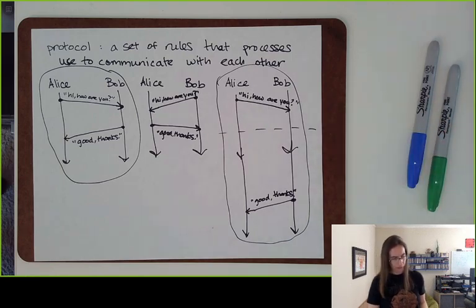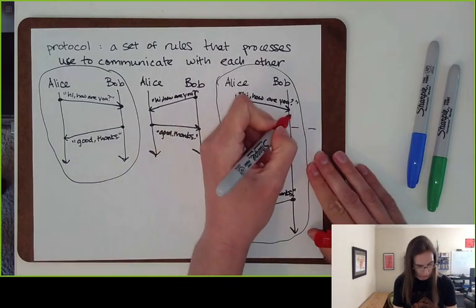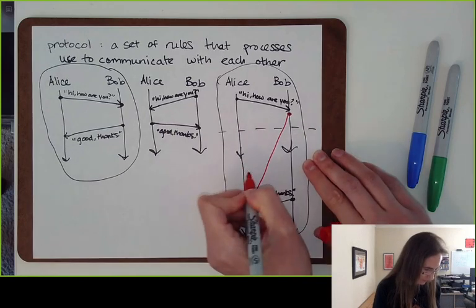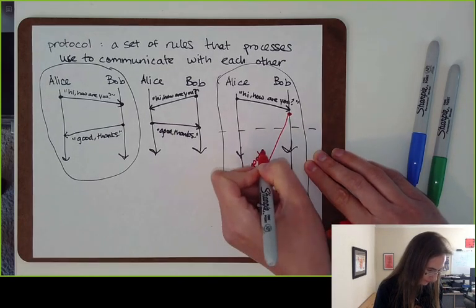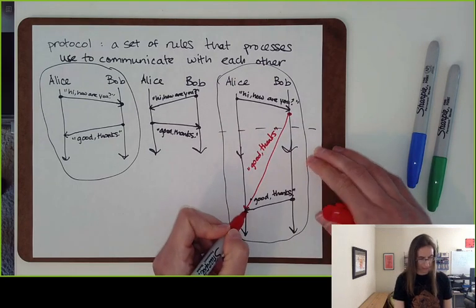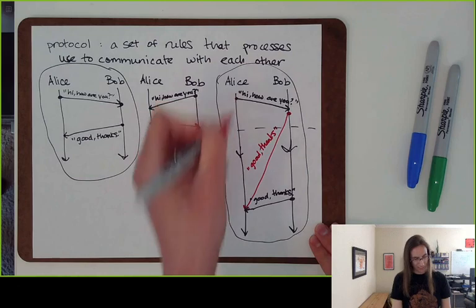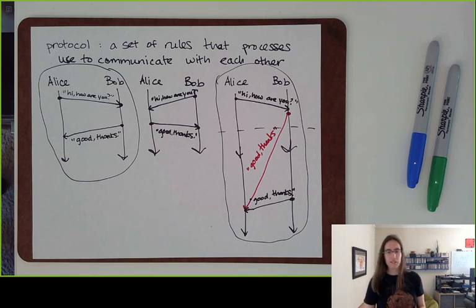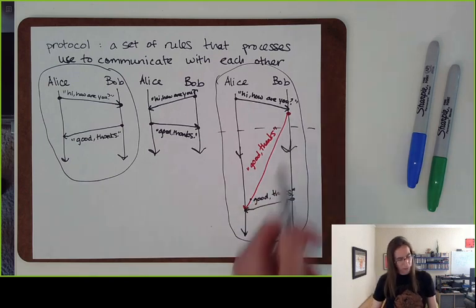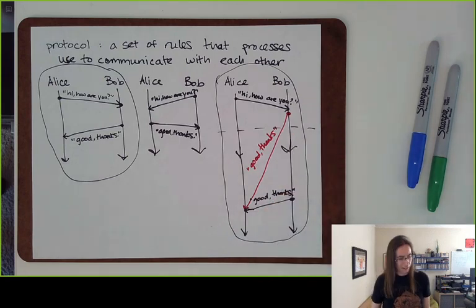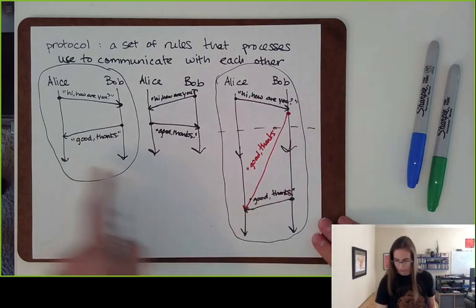What if Bob sent his response to Alice way up here, but for whatever reason, it took a very long time to get to Alice? Well, it might seem to Alice as though Bob is being a little rude. It would be very awkward, right? "Hi, how are you?" "Good, thanks." It would be pretty awkward, even though Bob tried to respond promptly. But there's no difference in terms of Lamport diagrams between any of these.